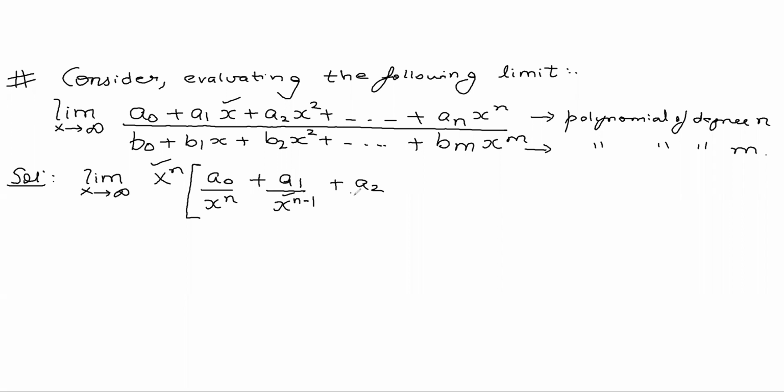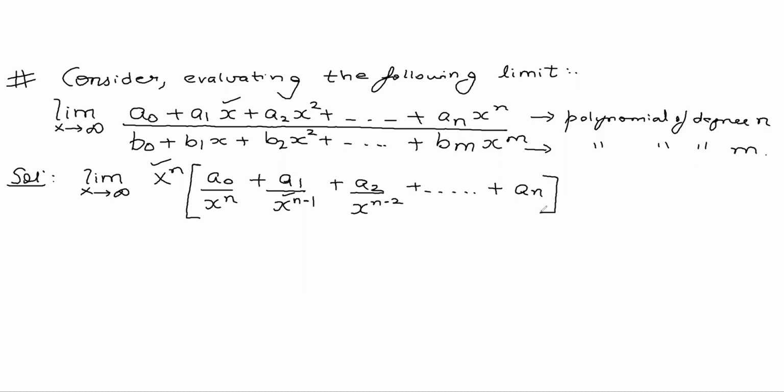A2 upon x to the power n minus 2, and similarly I can stretch it, an upon x to the power n minus 1. One minute, we don't need to divide here, it will just be an.